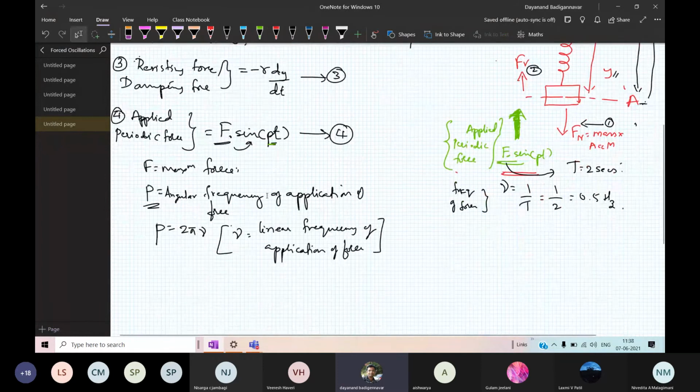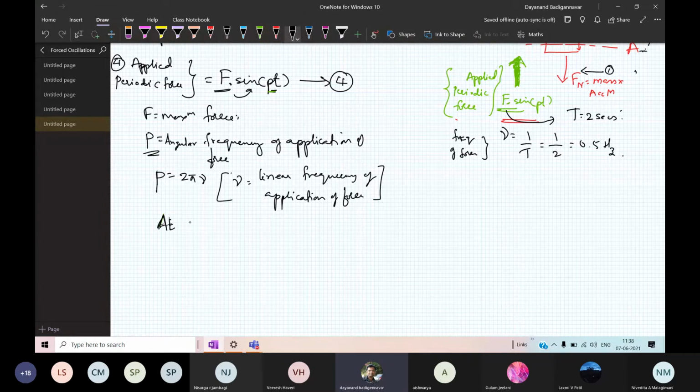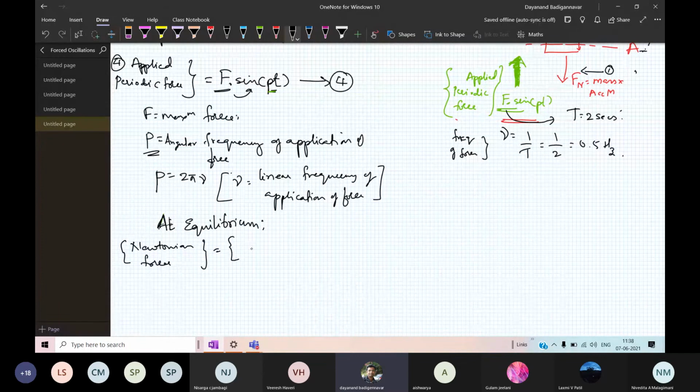Now you can equate them at equilibrium. Okay, at equilibrium, very simple, as you have done in the previous case. At the equilibrium of a system, the Newtonian force is equal to the damping force.